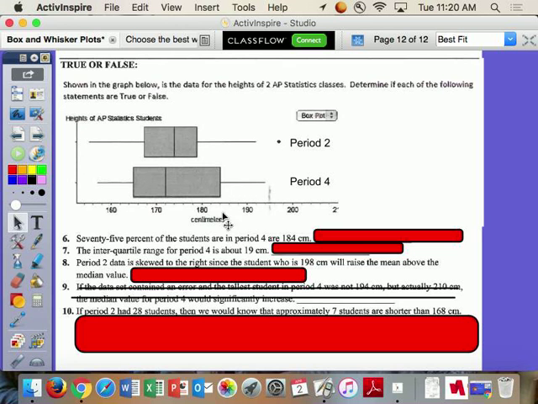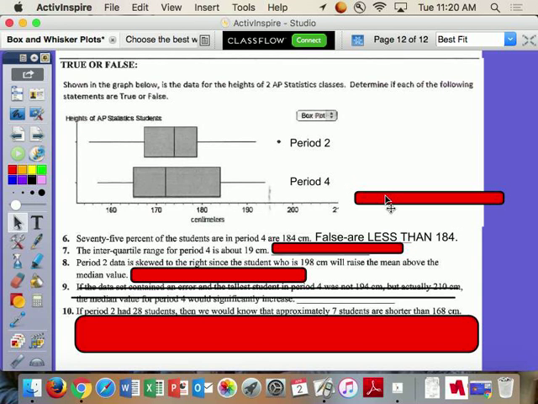So we're looking at period 4. And if it's 75%, where's that number at? Right here. Is 75% of the students 184? No. Are they less than 184? Yes. But because it doesn't say less than or greater than or anything, not all the students are 184 centimeters.